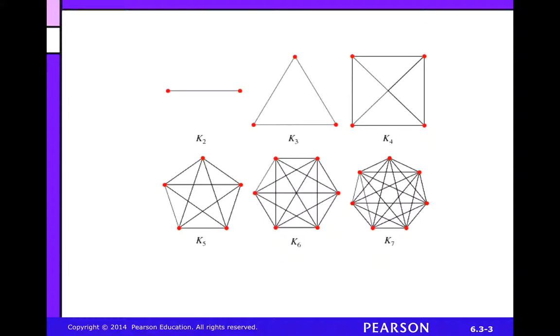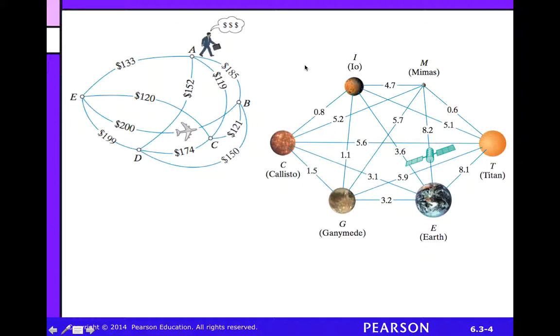So again, a complete graph is simply a graph in which everybody is adjacent to everybody else. All the vertices are adjacent to all the other vertices. So if I took this triangle here and deleted this edge right here, the graph would no longer be complete because then the bottom left and the top would not be adjacent to each other.